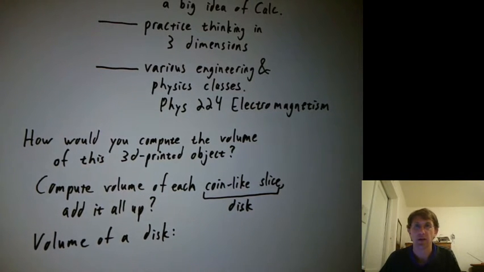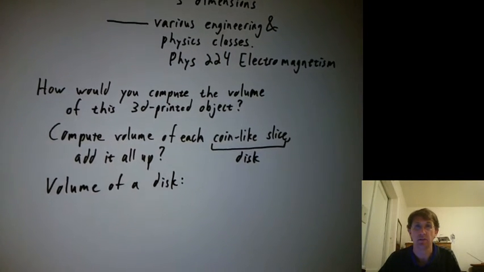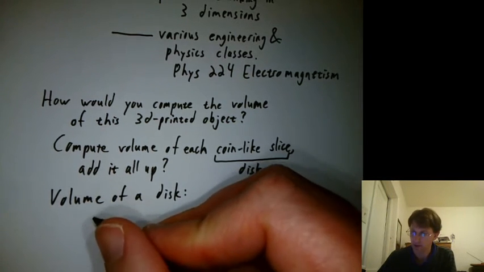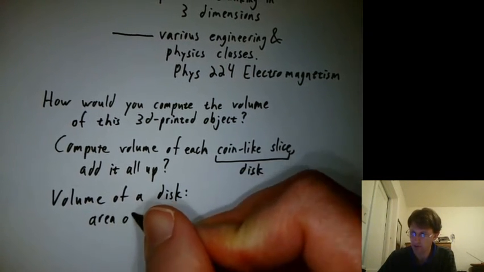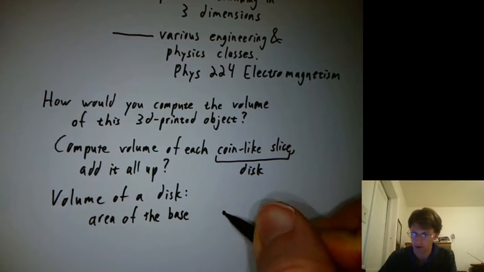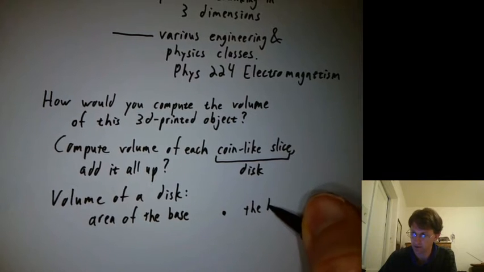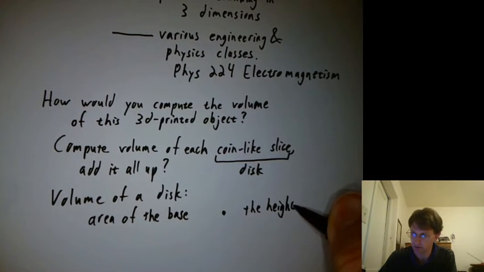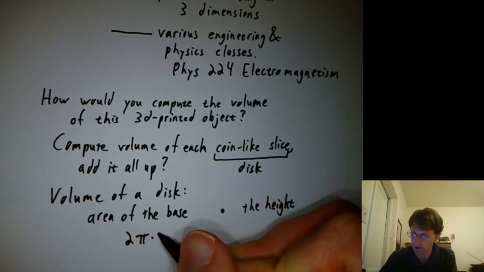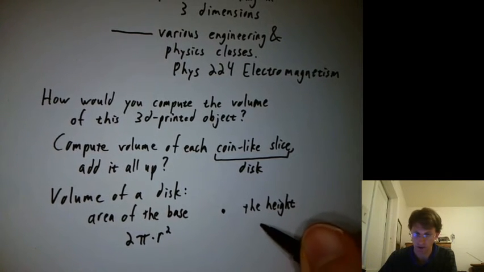Well, can we think of that as a cylinder? And what's the formula for volume of a cylinder? It's area of the base times the height. So area of the base is 2 pi times r squared, and the height, we'll just call it h.